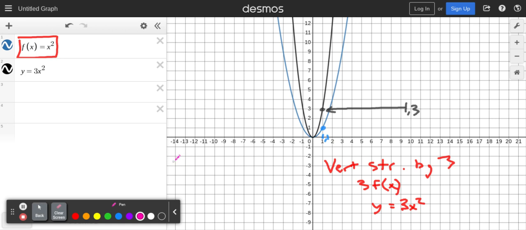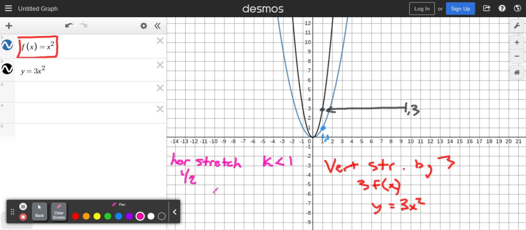All right, horizontally stretching. If we're going to horizontally stretch, now we're going to multiply by a number k. So let's say we have a horizontal stretch. For a horizontal stretch, our k value needs to be less than 1. Let's say we want to do a horizontal stretch by half.